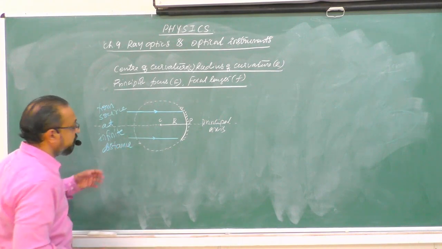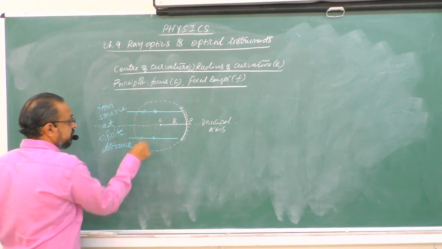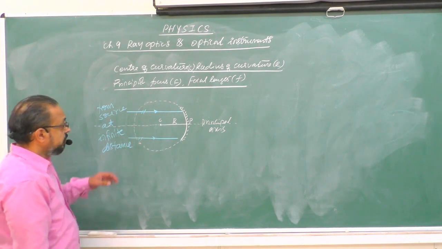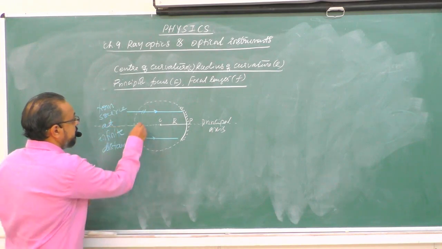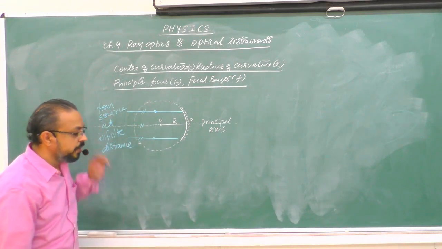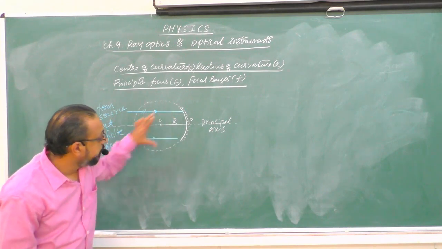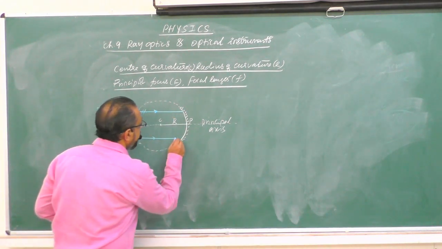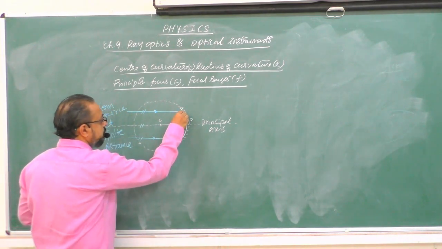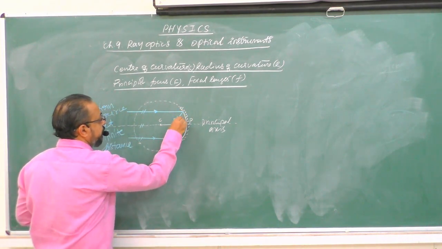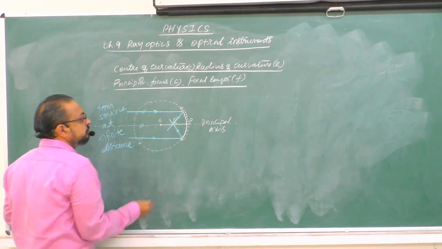When the light source is at infinite distance, the rays of light are parallel. So these lines are parallel to the principal axis. Such light rays, when they hit the mirror, focus at some point. That means they reflect to one common point.